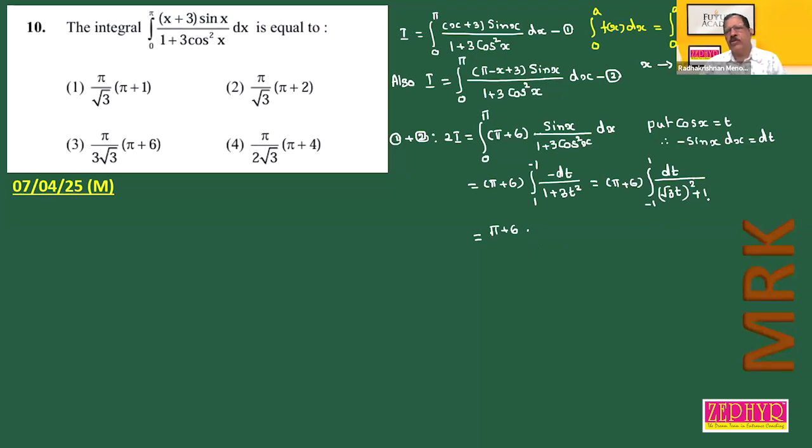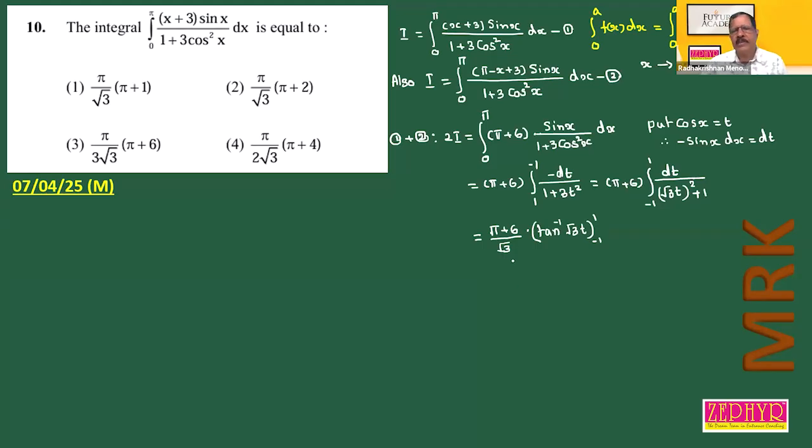1 by x squared plus a squared. 1 by root 3 വരുവേ, കാരണം ഇവിടെ ടിയുടെ കോയിഫിഷ്യന്റ് root 3 ആണ്. പിന്നെന്ത് വരും? Tan inverse root 3t between the limit minus 1, 1.